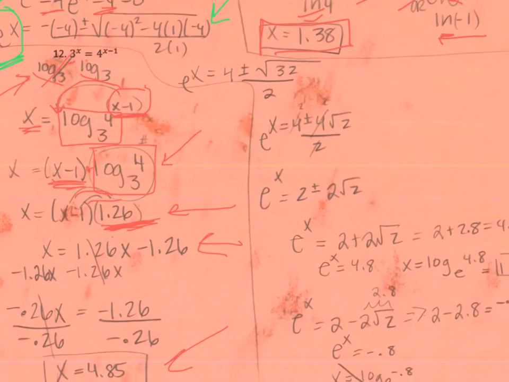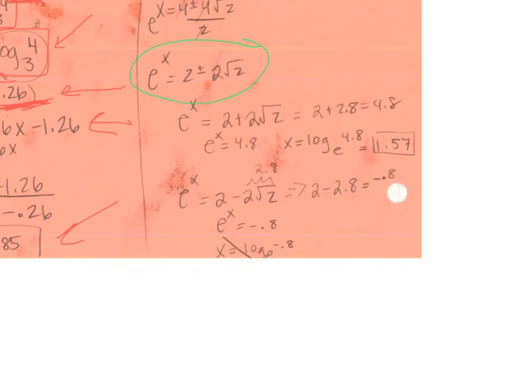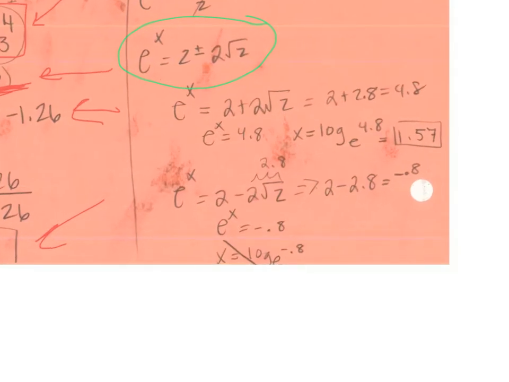And once we solve it, we get e to the x equals 2 plus or minus 2 root 2. So if you put 2 times square root 2 in our calculator, it's about 2.8, and we add that to 2, we get about 4.8. So e to the x equals 4.8.